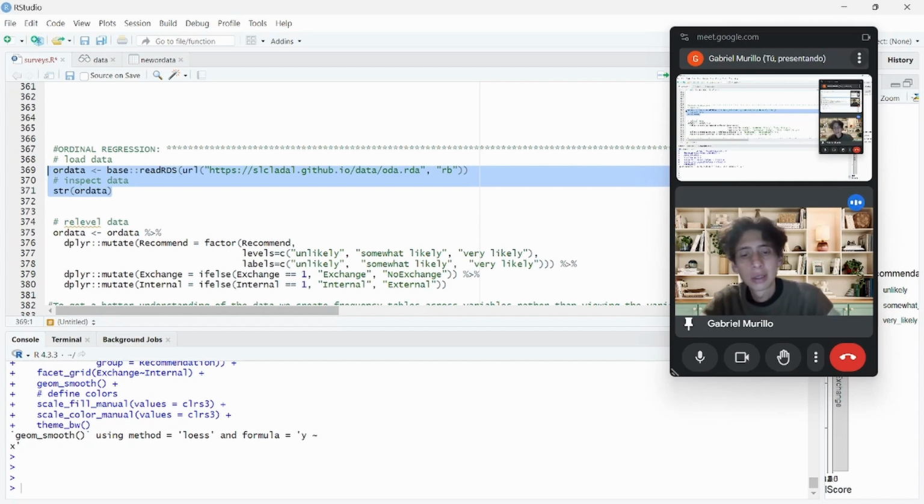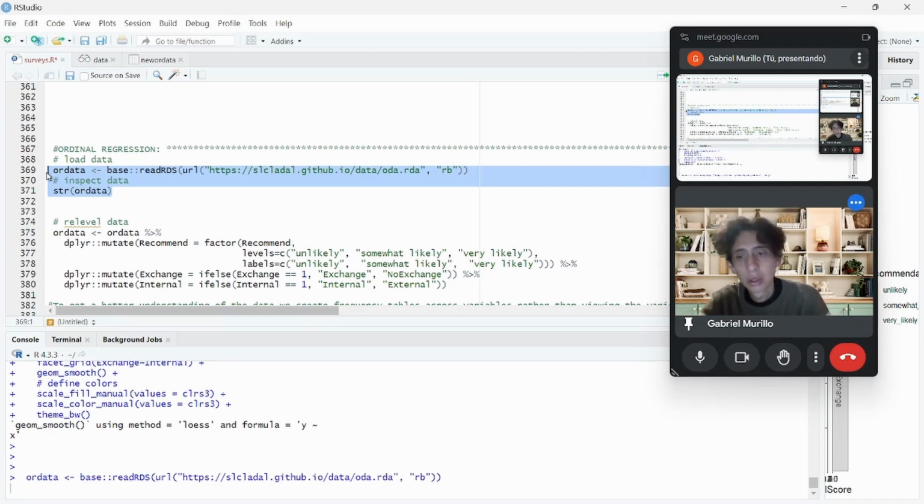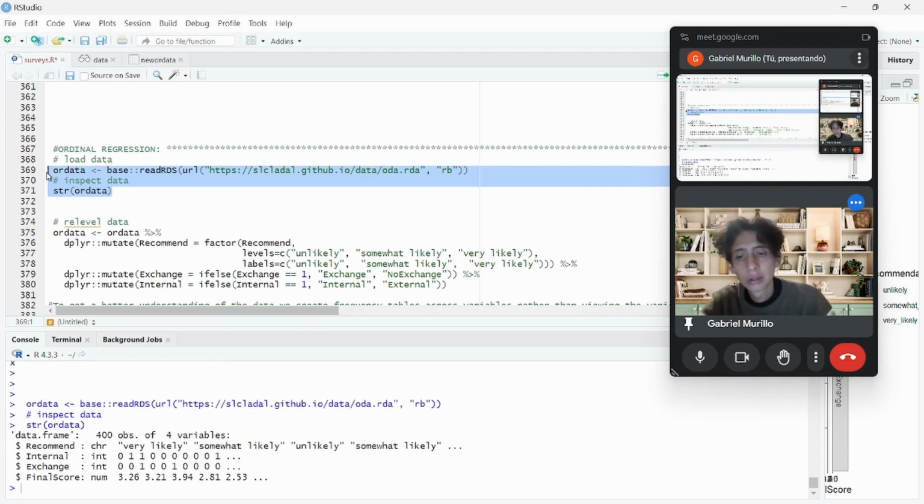The dataset consists of 400 observations of students that were either educated at this school, internal equals 1, or not, internal equals 0.